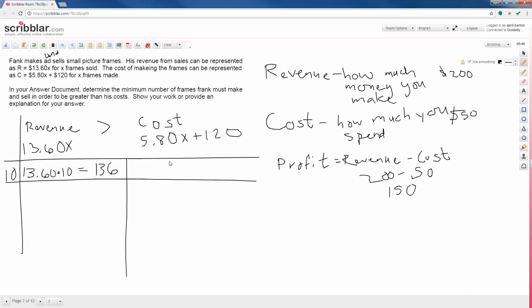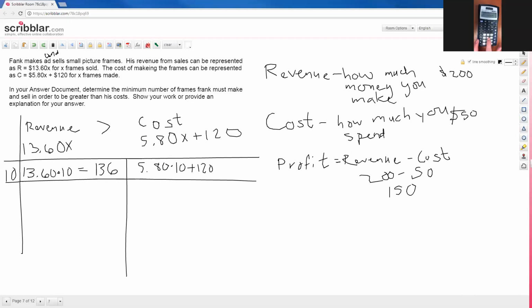So then we check cost with those same 10 frames. I'm going to bring out the calculator again. This one we should plug in 5.80 times 10 plus 120, which is 178.